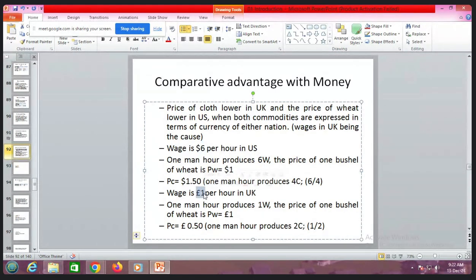Okay, and what is the exchange rate? 1:2. That means that we are hovering at 1/3. Okay, so 1 pound is $2. That means in US the wage rate is 3 times more than that of UK in terms of dollars.